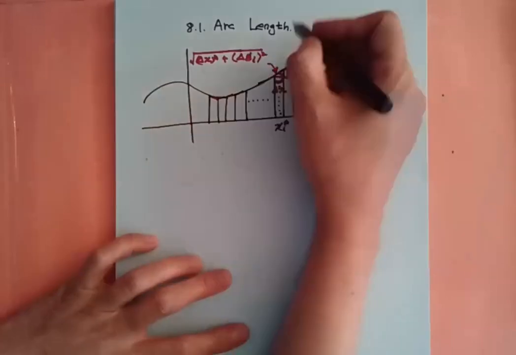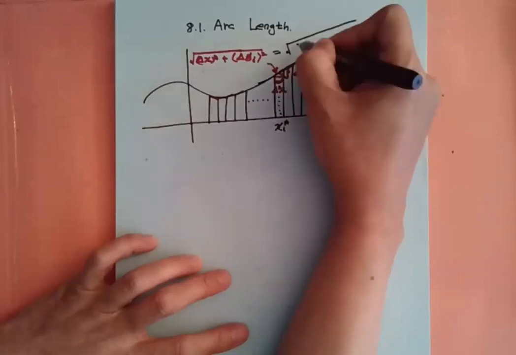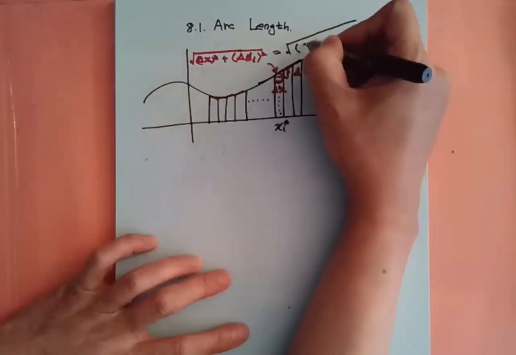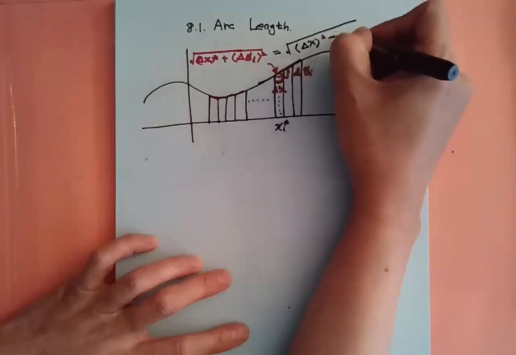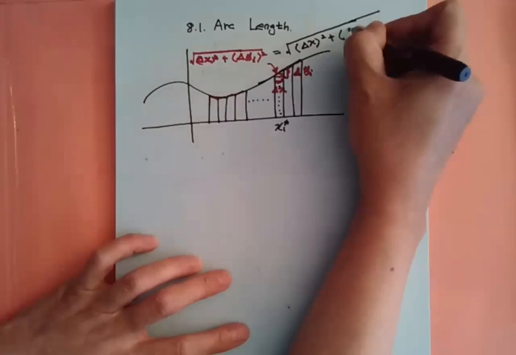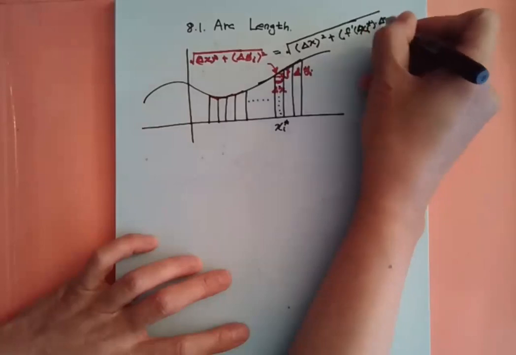Then this one can be written as square root of delta x squared plus f prime of xi star times delta x squared.